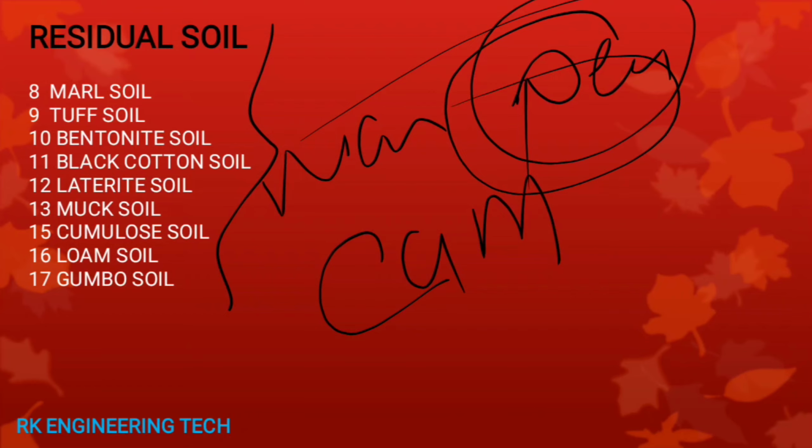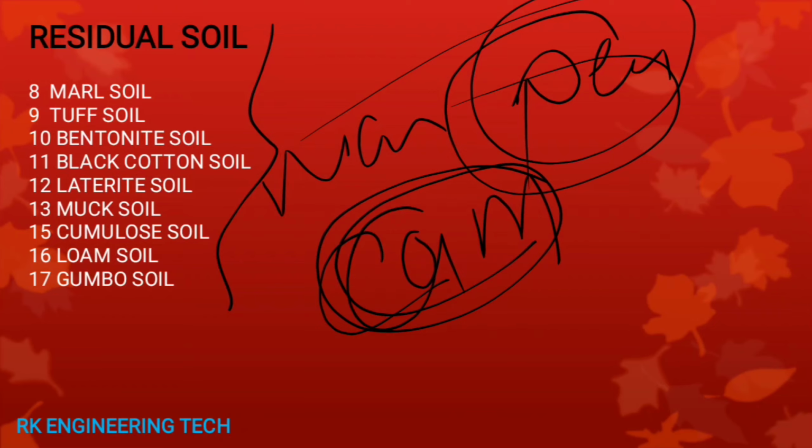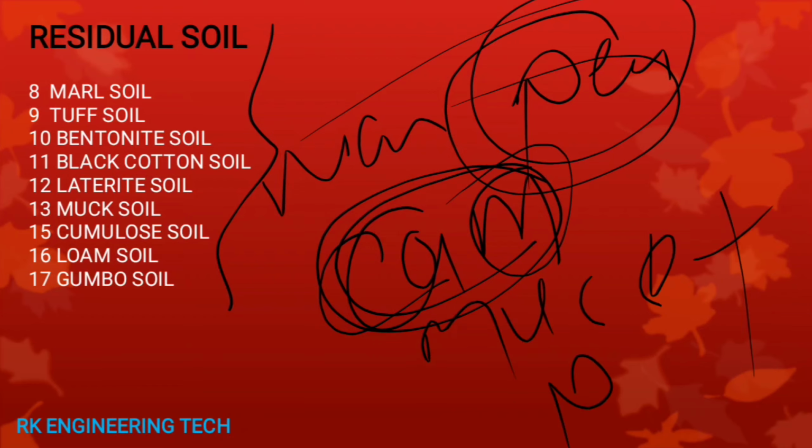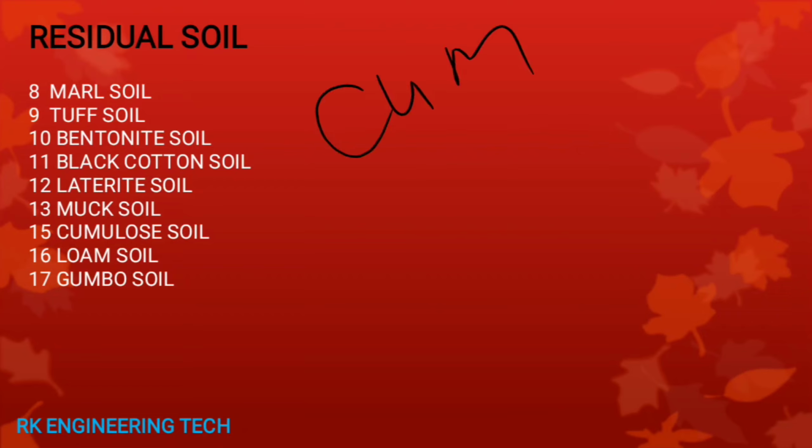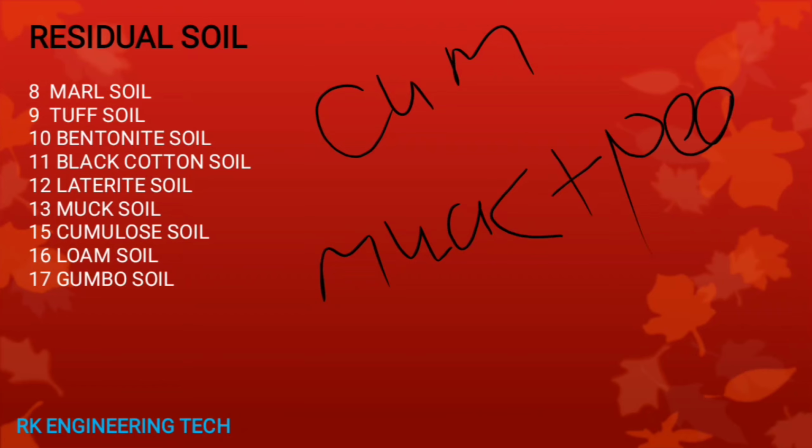And after that, 15, cumulose soil. Cumulose, common. What is common? It means mixture. Common mixture means muck plus peat. Muck, cumulose, common, muck plus peat. This is the cumulose soil.